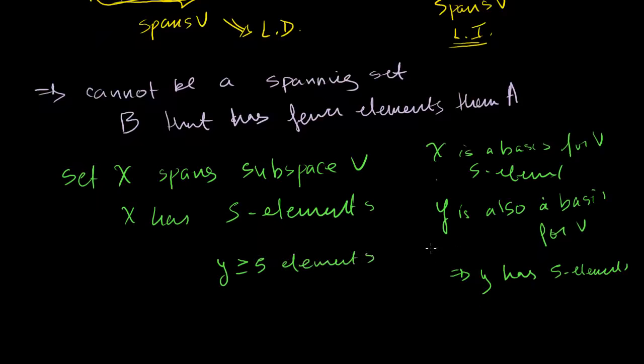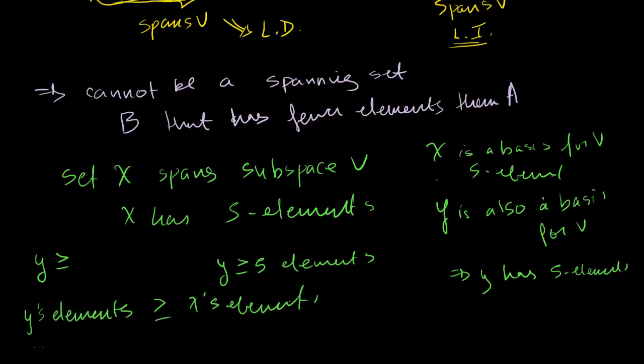But on the other hand, if Y is a basis for V, and X is a basis, X also spans V. So we know that X has to have fewer elements than Y. So Y's elements have to be greater than or equal to X's elements, because any spanning set has to have at least as many elements as a basis set, X's elements.